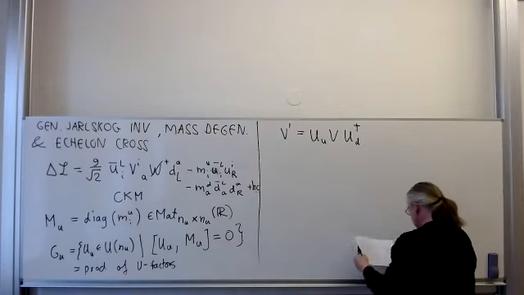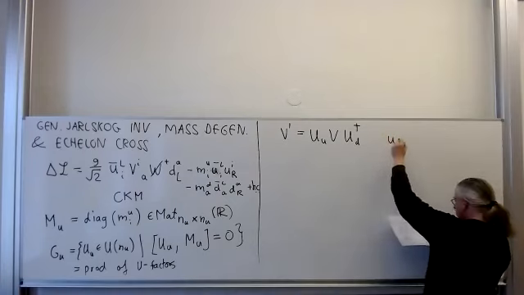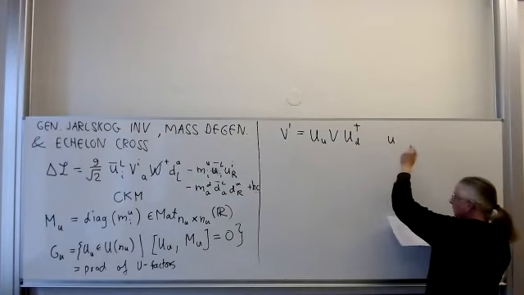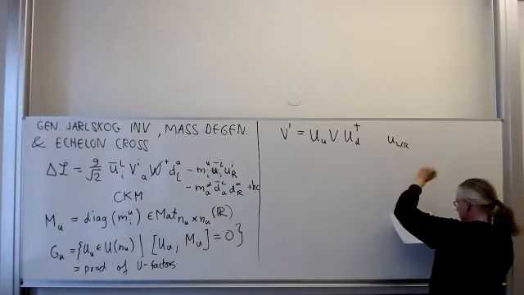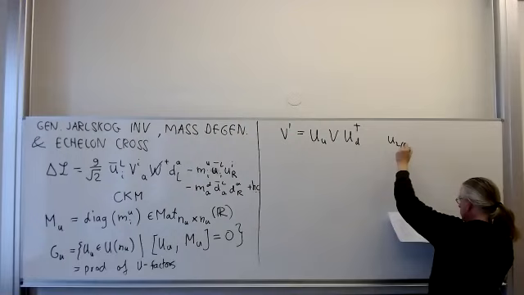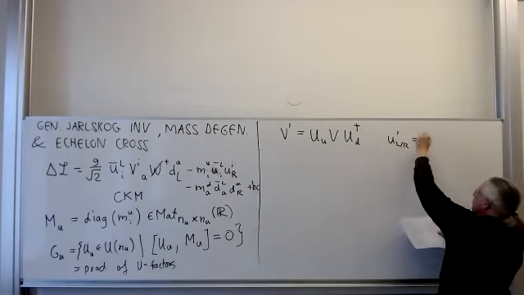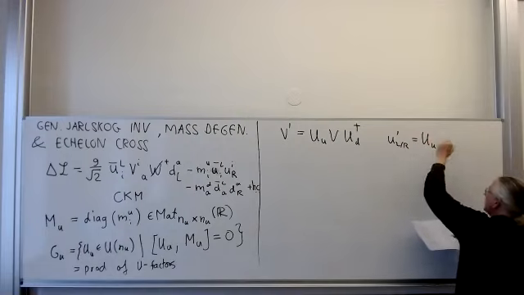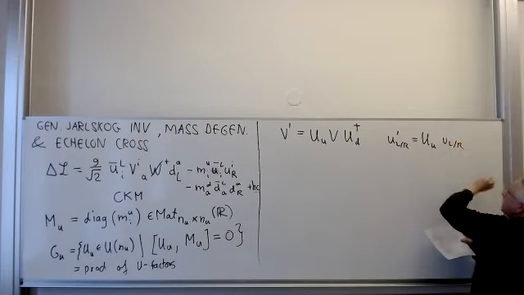So in general, V prime would be like the V matrix, and then there will be U left and U right acting on that.